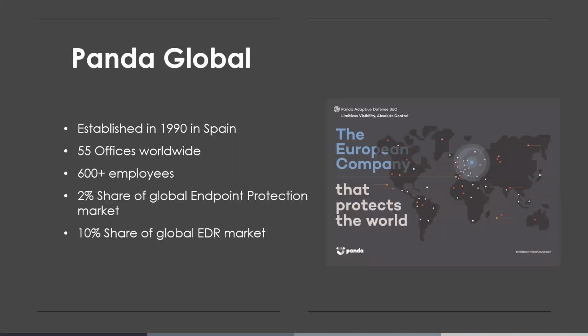At the time that the company was formed, there was a Spanish word in a local dialect, Pandilla, which roughly translated meant group of friends or gang of friends. And of course, as the company grew and became a global company, they changed it from a Spanish word to an English word, and the word that they changed it to was Panda. So that's how we got our name.